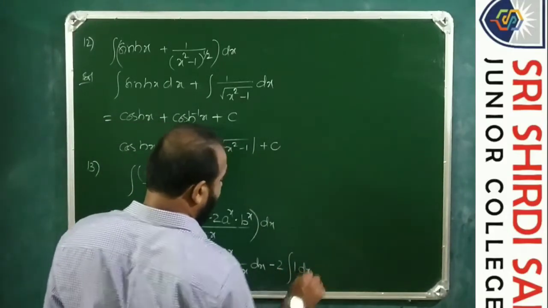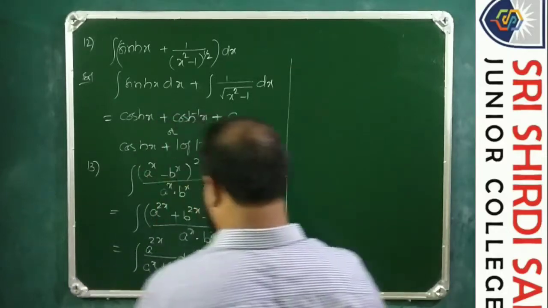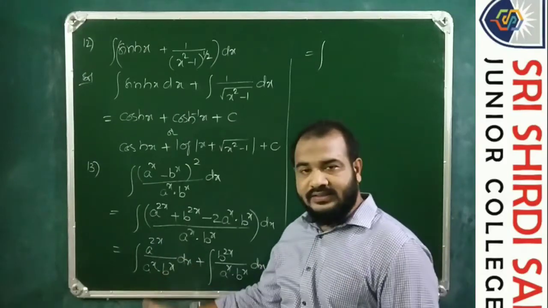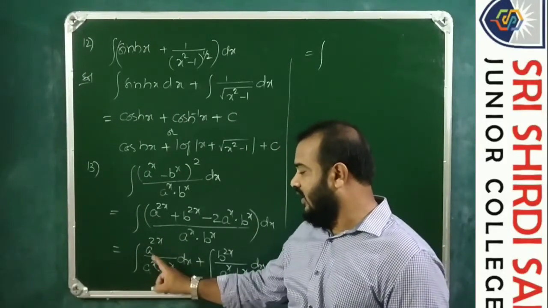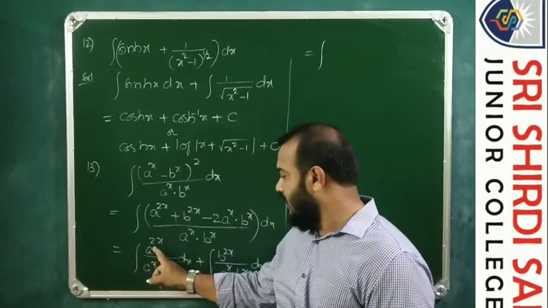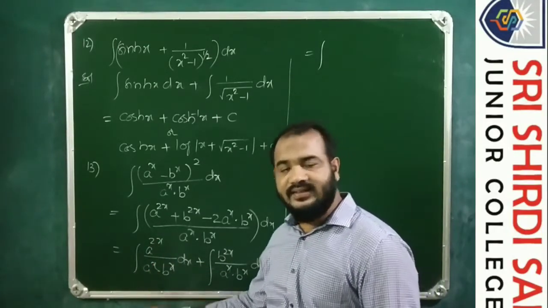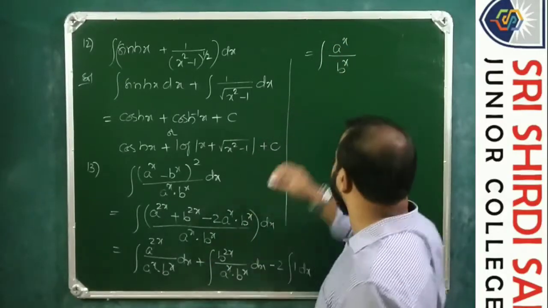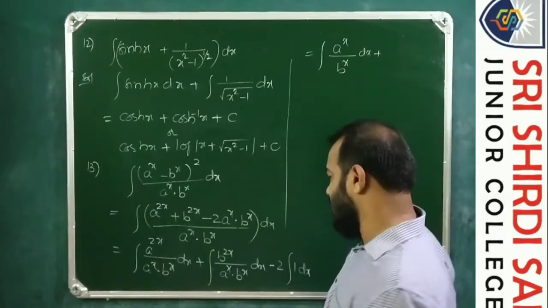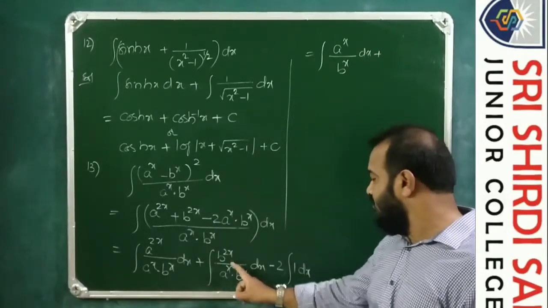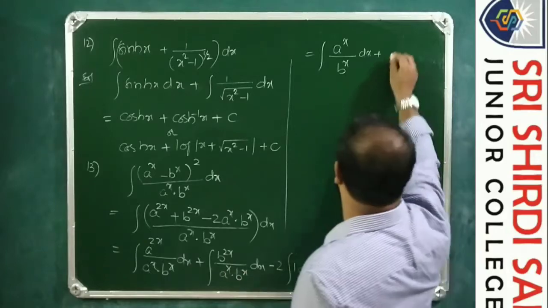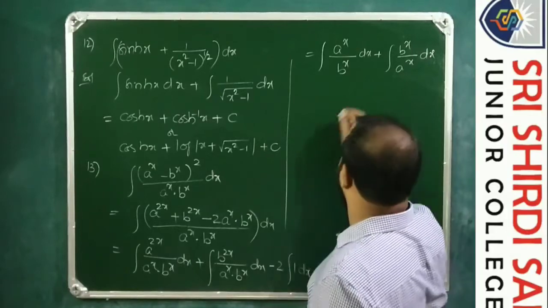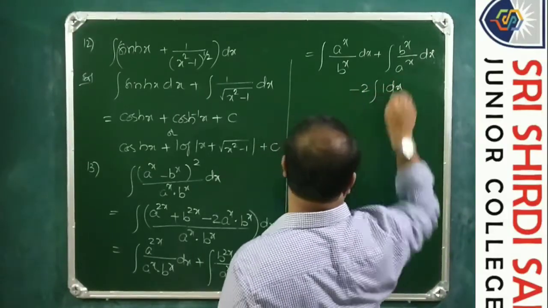We are left with the 1 dx. This is equal to a^(2x) by a^x. So bases are equal, exponents are to be subtracted. a^(2x) minus a^x is a^x by b^x dx plus b^(2x) by b^x is b^x by a^x, b^x by a^x dx minus 2 integral 1 dx.